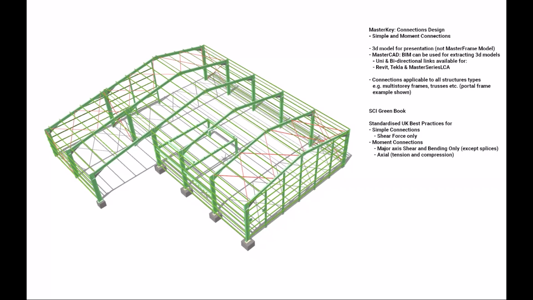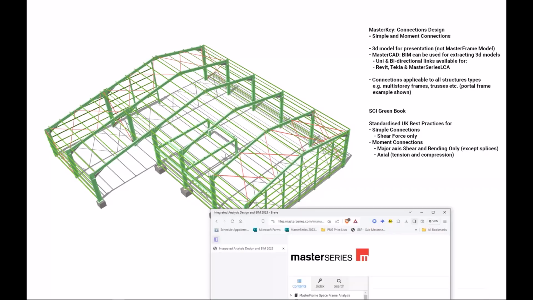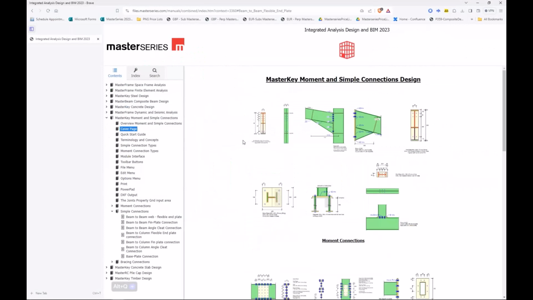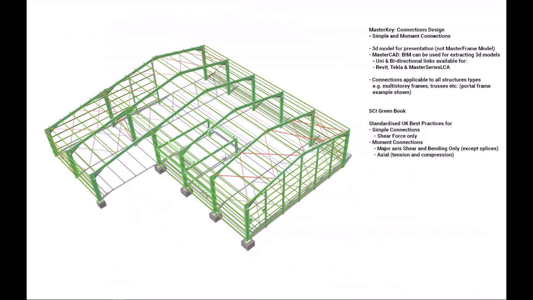And moments and shears due to minor axis loading are not considered in line with the design methodology of the Green Books, except for when we are looking at splice connections. We'll cover that. I'd also recommend referencing our manual as well. Maybe pull it up, as it will provide relevant information and knowledge relating to all the different connection types we have in the software. And as always, we're keen to hear your engagement and questions in the chat box.